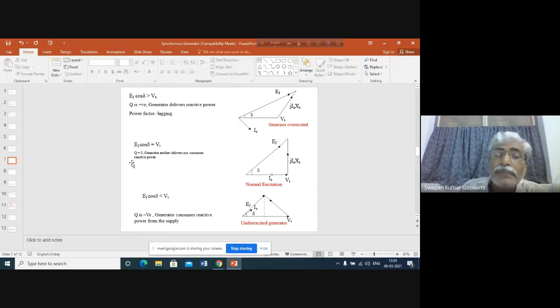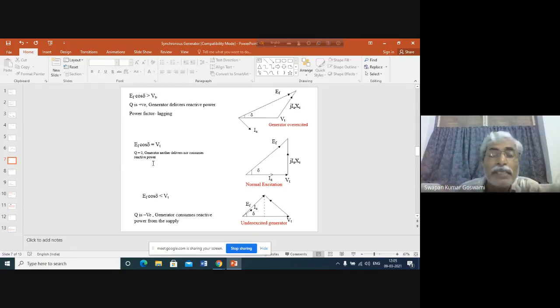That means the generator neither delivers nor consumes reactive power. It will deliver active power, but it will neither deliver nor consume reactive power, simply delivering active power.